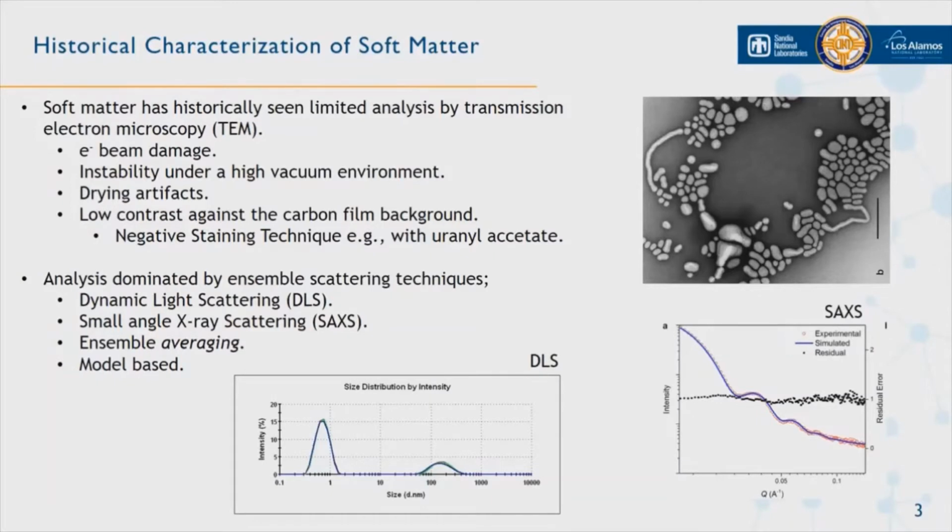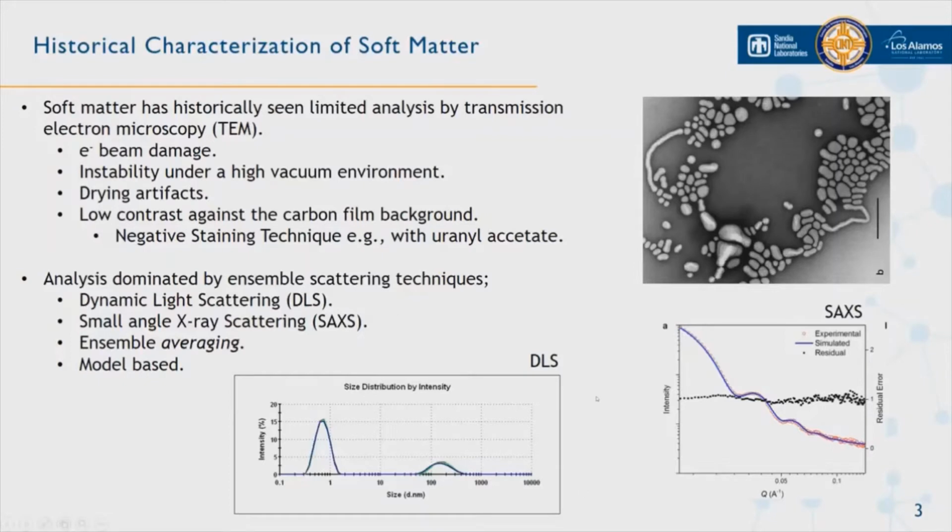One, it introduces drying artifacts, which is especially significant for characterizing hydrated structures. And two, there is now a low contrast difference between the carbon-based structure and the carbon film on the TEM grid. This can be solved by negative staining, for example with uranyl acetate, which gives the carbon sample a white color against the black background of the grid. But this can introduce significant swelling to the structure, again introducing artifacts and uncertainty.